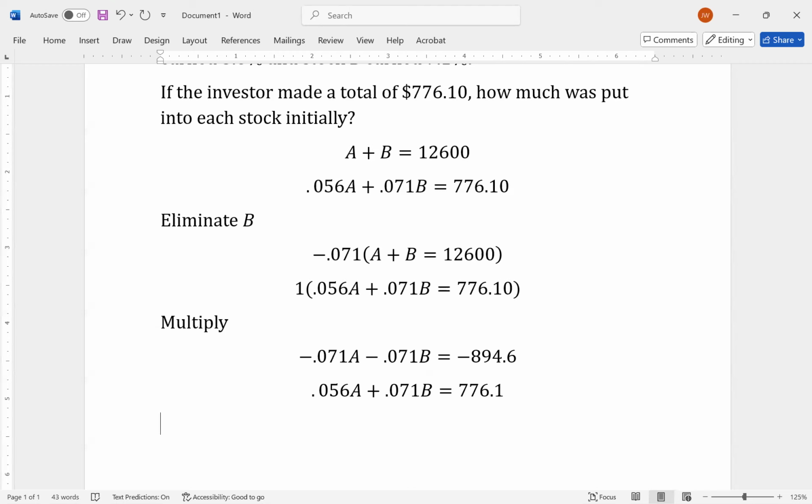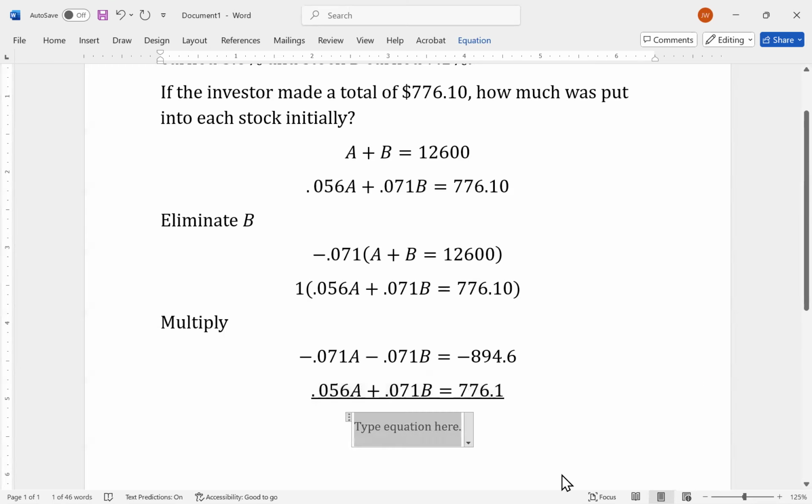Now I can add things together. So if I add things together, let me put a line there. So we're going to get a negative 0.015 times A is equal to 118.5.